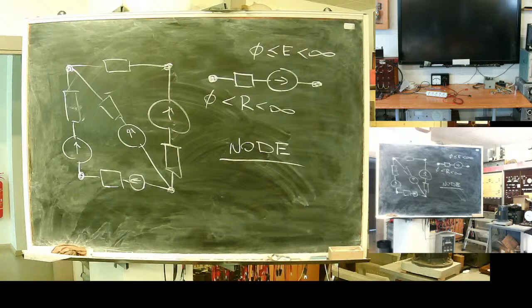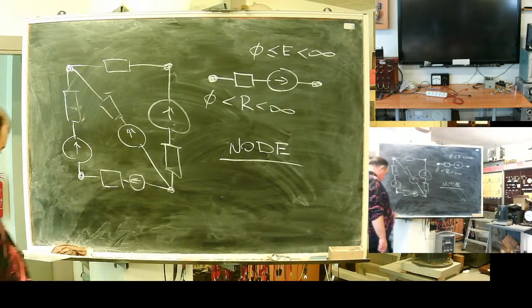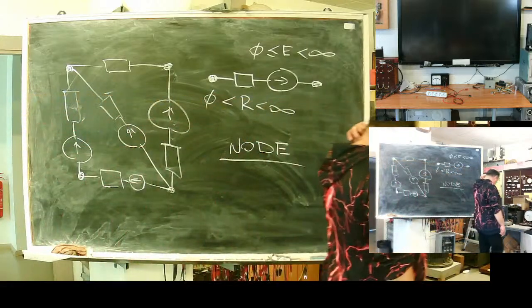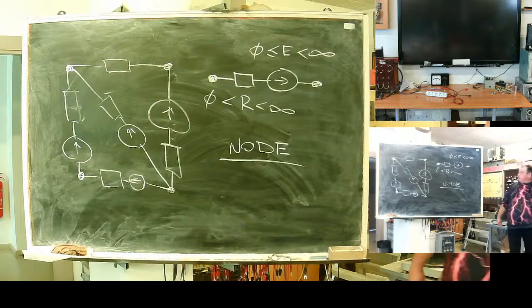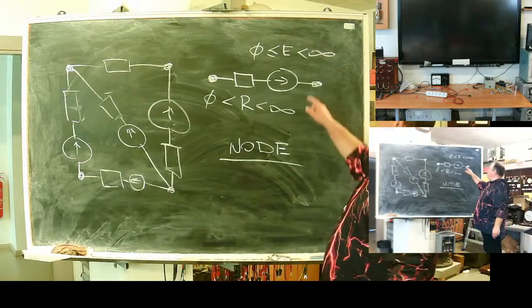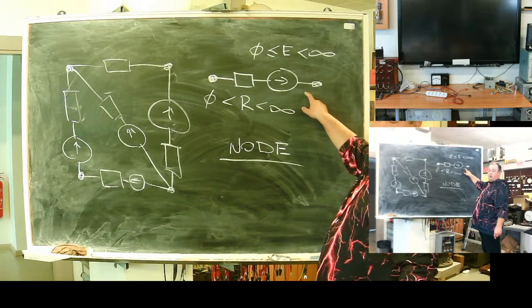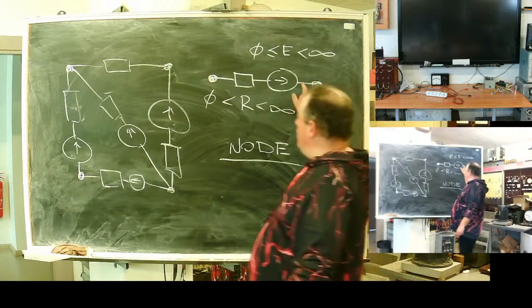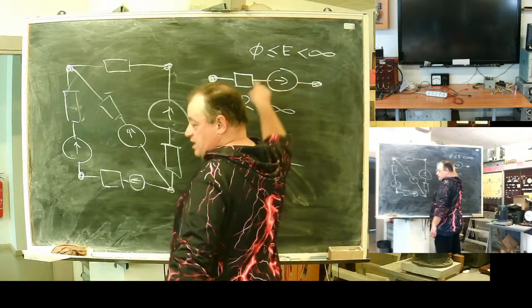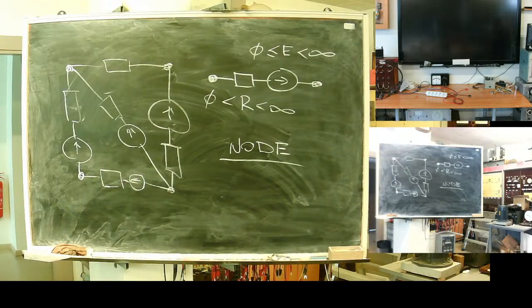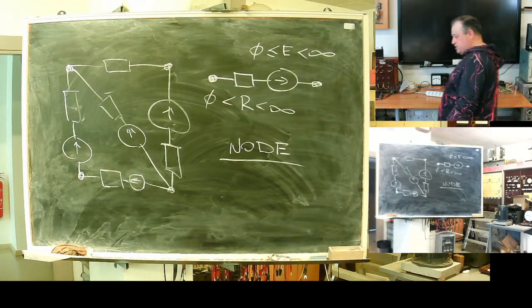Okay, let's return to the simple thing. A network is considered to be a combination of branches. Node, branch. A branch is between nodes, nodes on the sides of the branch.